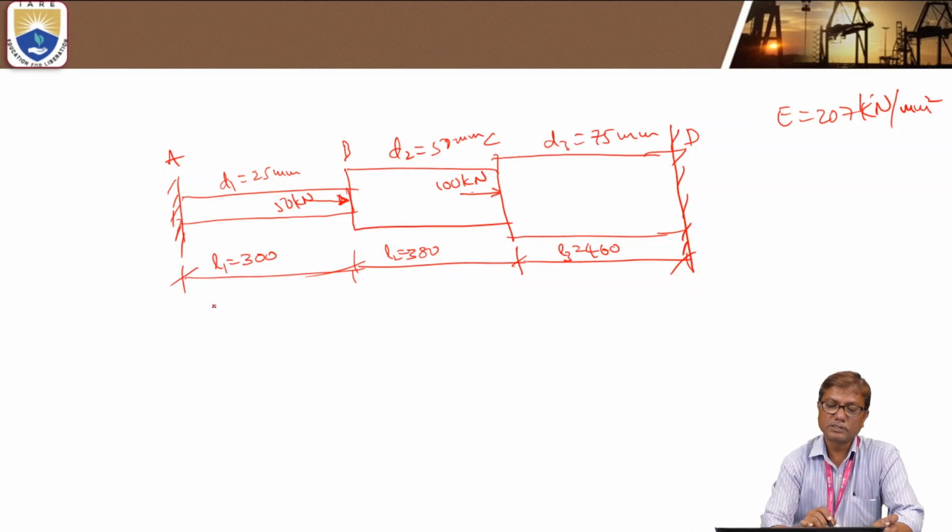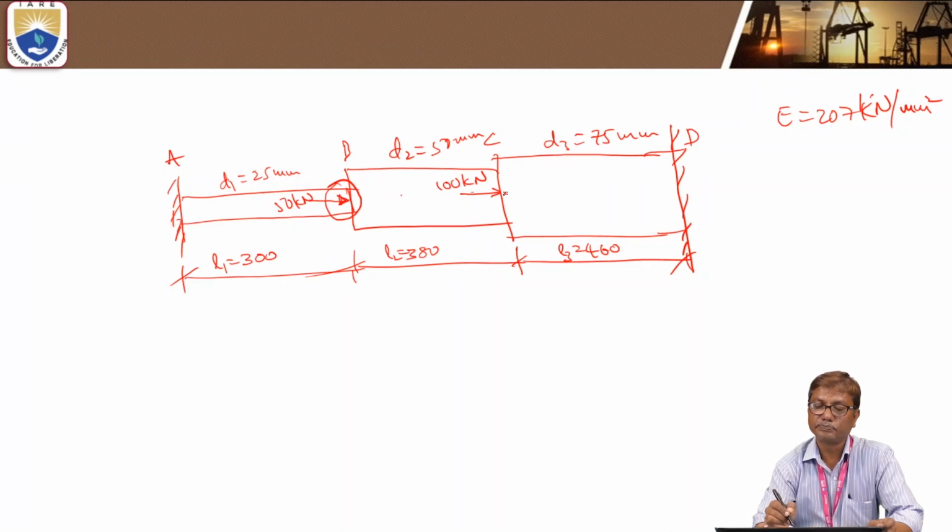How to proceed is, we consider the free body diagrams again of portions AB, BC and CD. The 50 kilonewtons applied at B is shared between the portions BA and BC.